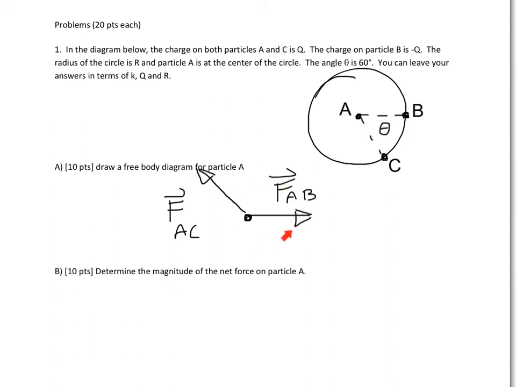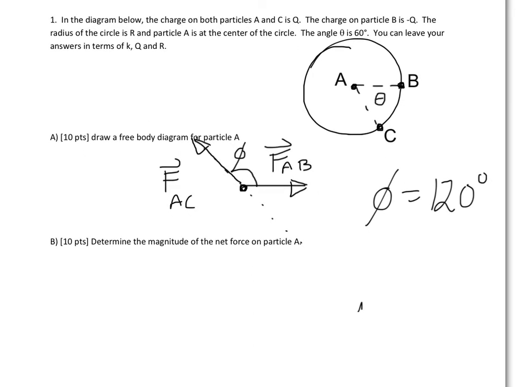Let me draw a dotted line right there. So this whole angle from here to here is 180 degrees minus the 60. That leaves 120 there, doesn't it? So let me put that there. That angle phi is 120 degrees. Okay, that might be useful later.